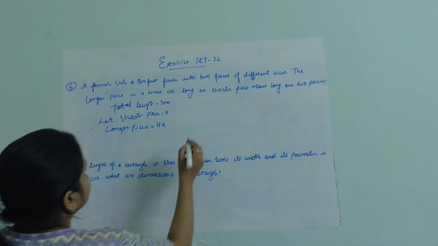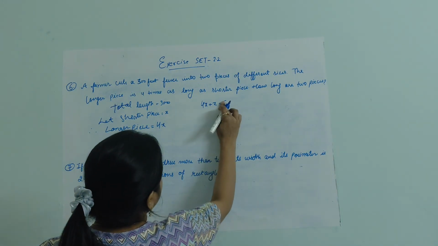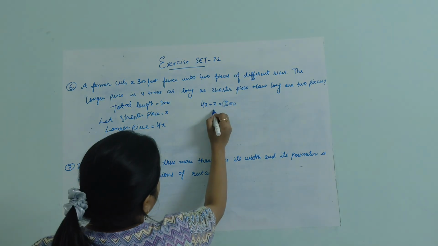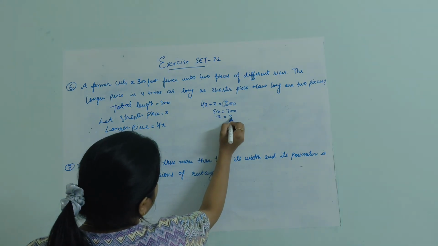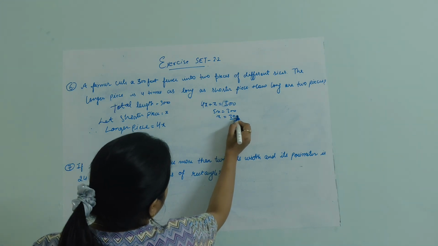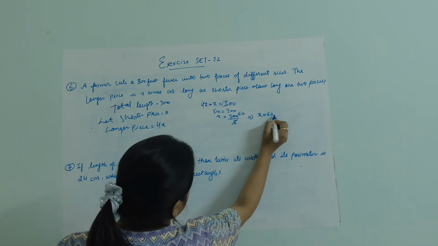Correct? That means 4x plus x equals 300. 5x equals 300. 5 will go in divide 300 by 5. 5 sixes are 30. This implies x equals 60 feet.